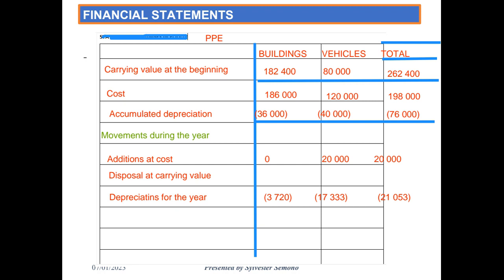So now we must find the carrying value at the end of the period. We're going to do the same thing that we did on top. We will still need the costs, and we still need accumulated depreciation.